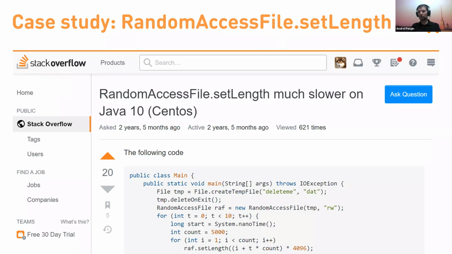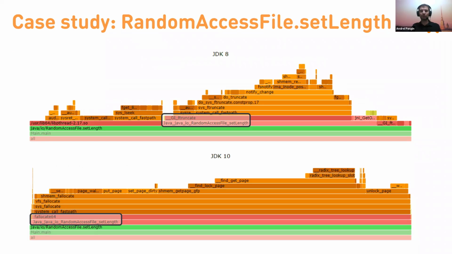And again, without digging into kernel code, we couldn't know that the problem is there. Actually, the implementation of RandomAccessFile.setLength began to call a different system call, which is much slower. And this was a JDK bug, which was then fixed in JDK 11. But again, without looking deep into our system, we wouldn't know that.